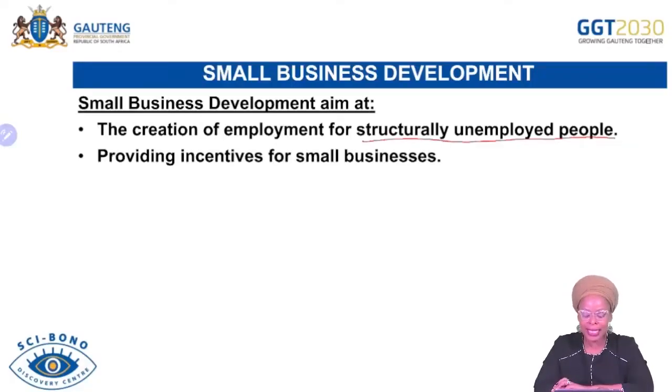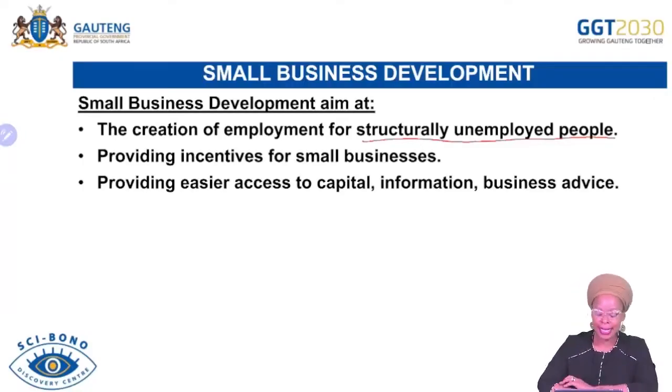To provide incentives for small businesses, sometimes you find that the small businesses cannot grow on their own. They need financial assistance from the government. So this is one of the aims why they should be developed. To provide easier access to capital, information and business advice.